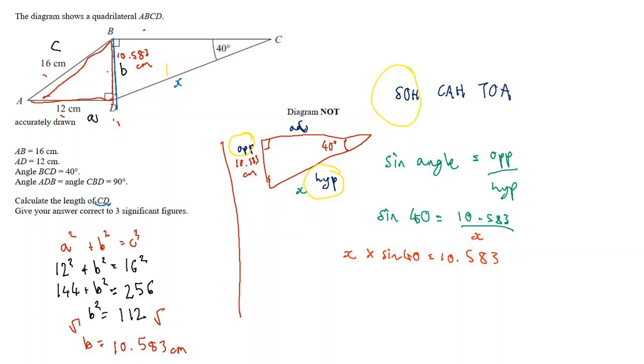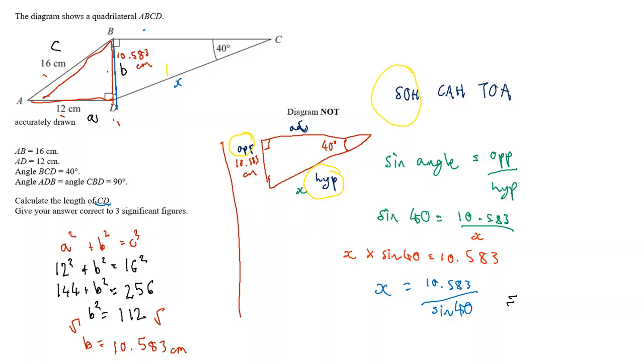So after that, we've got x times sin 40. We do the opposite of multiplying by sin 40, which is dividing by sin 40. So we get x equals 10.583 divided by sin 40. And so now this is the point you grab your calculator again and we simply type that in.